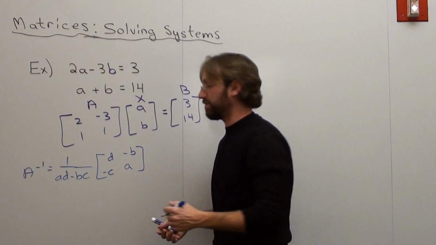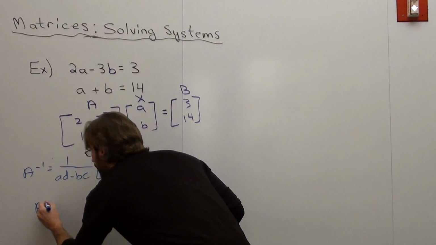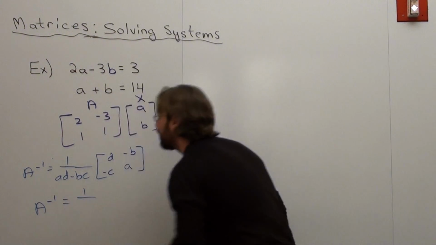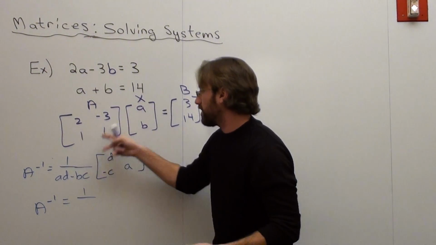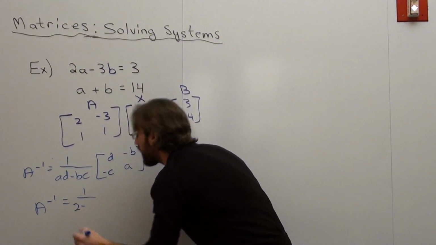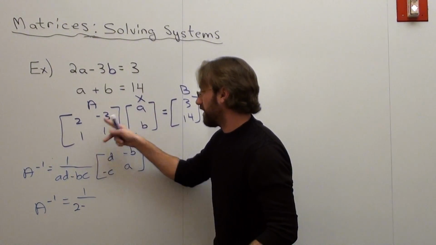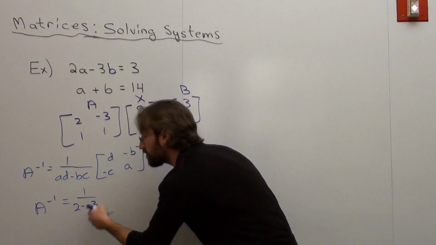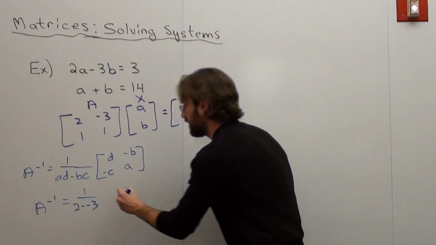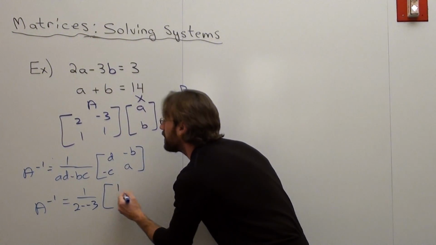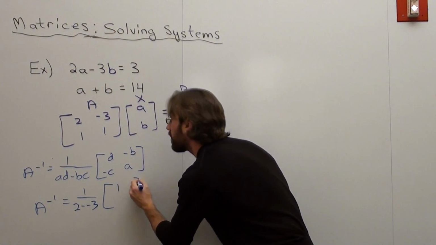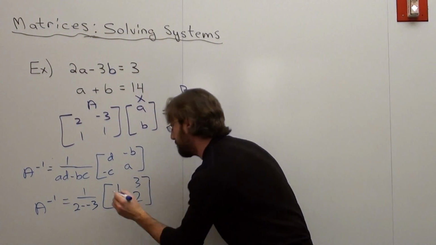If it's already negative, then it's going to switch to its opposite. So I'll go ahead and do that computation right now. Inverse matrix is 1 over AD minus BC, so that's 2 times 1, subtracted by 1 times -3, so it's 2 minus -3. And you multiply it by flipping these terms, so it's 1 and 2 and 3 and -1. Bam!